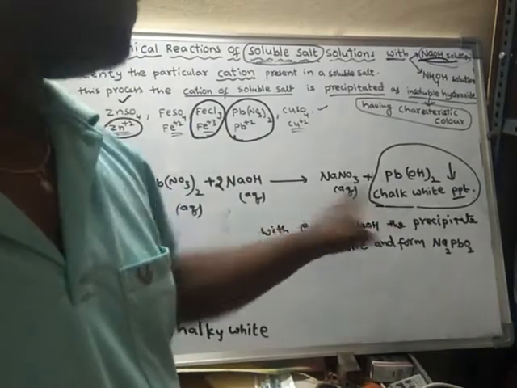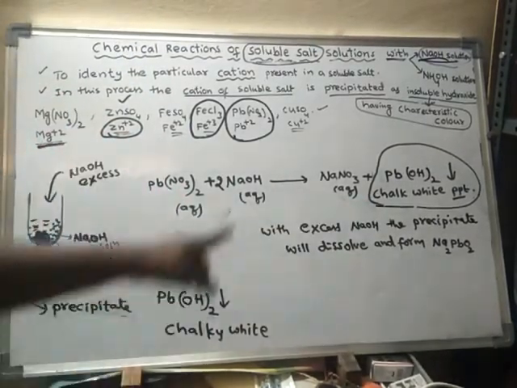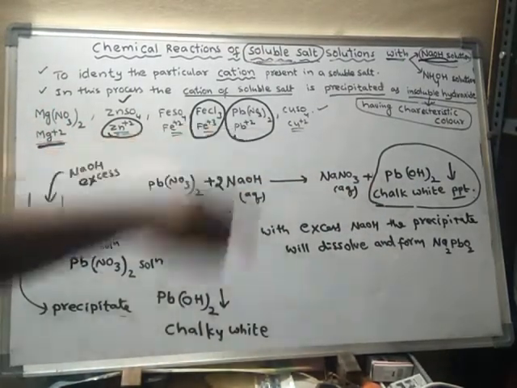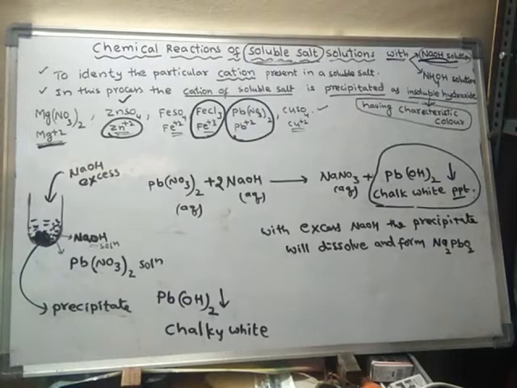Finally, we can easily identify that the given soluble salt contains the lead 2 ion, Pb plus 2. Like this we can identify.